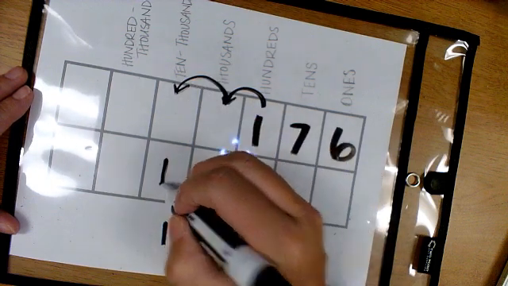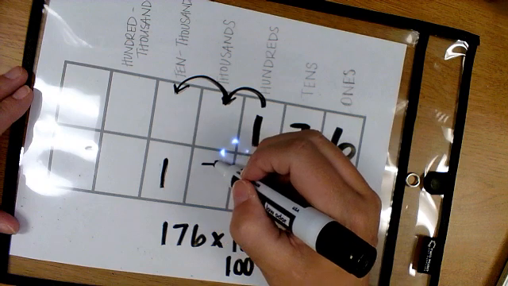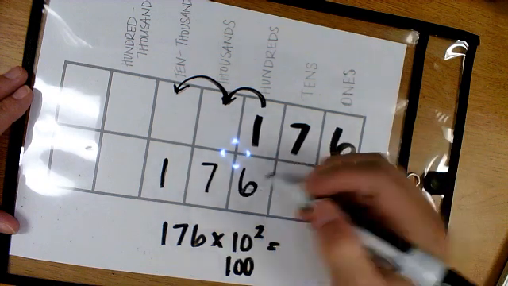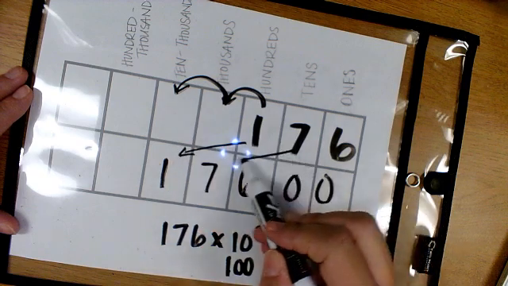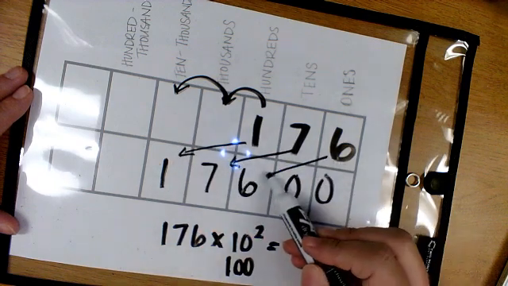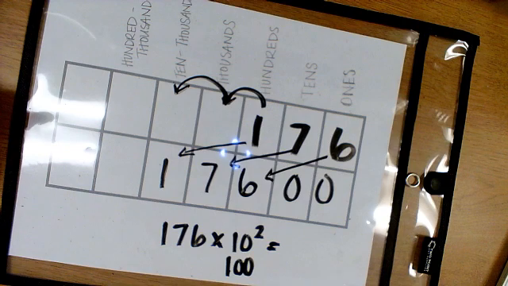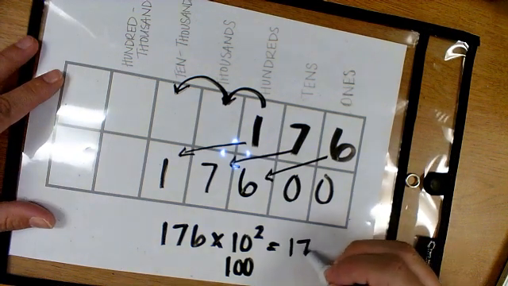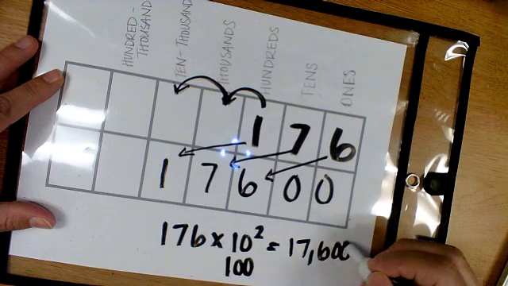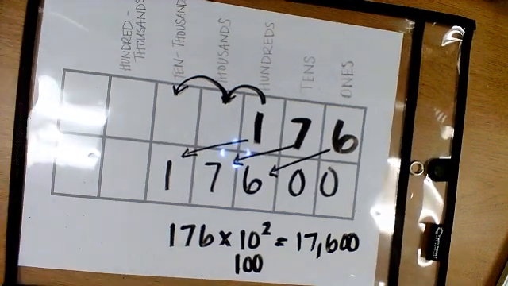And again, every number shifts twice. So you can see this one goes twice, this one goes twice, and the 6 goes twice, and I fill in my 2 zeros. So 176 times 10 to the second power is 17,600.